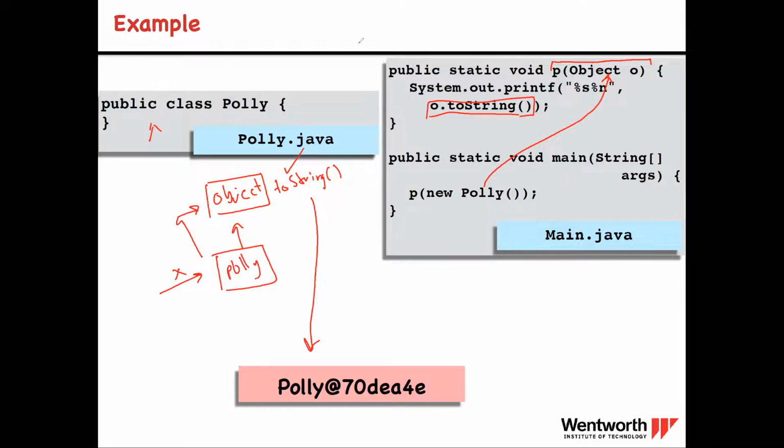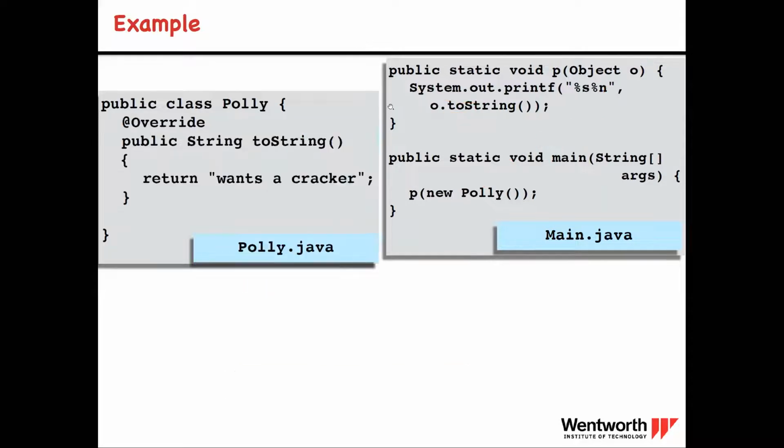But if I change Poly slightly and I give her a toString, now when we run, let me draw some of that diagram again. We've got Object that has a toString, and we've got Poly, which also has a toString.